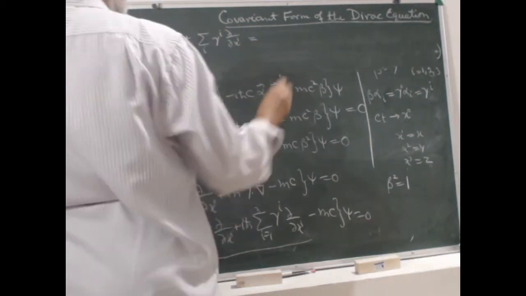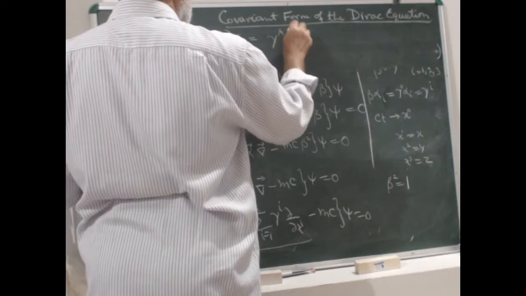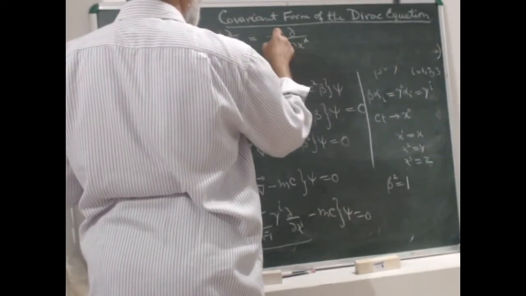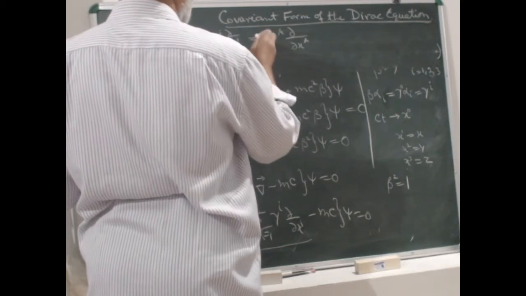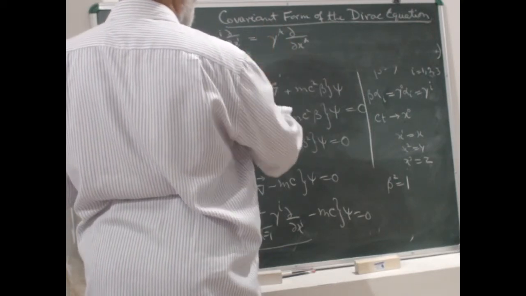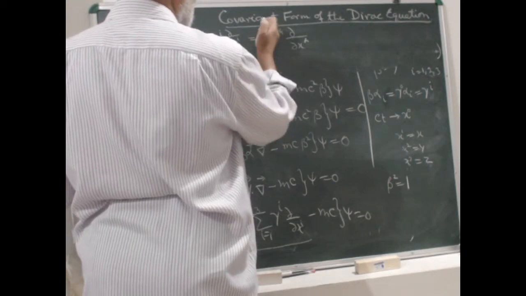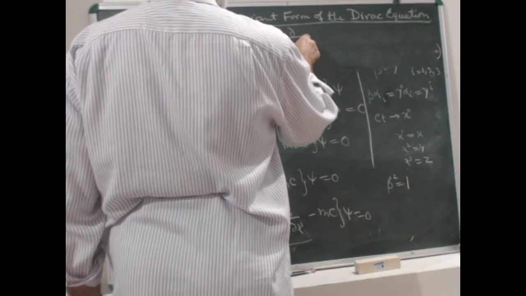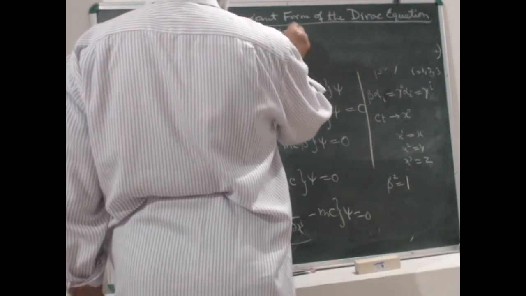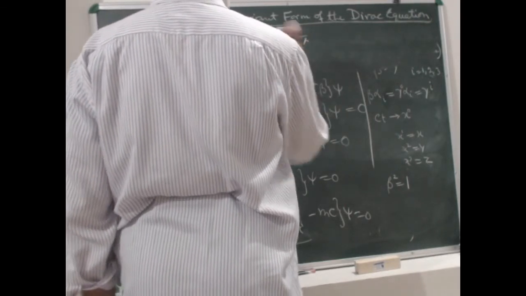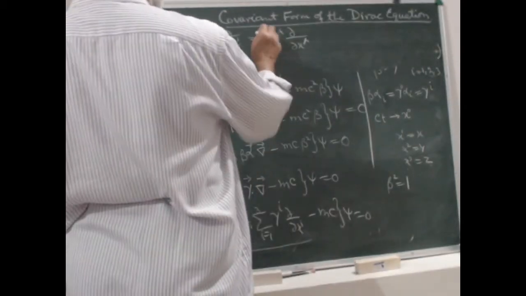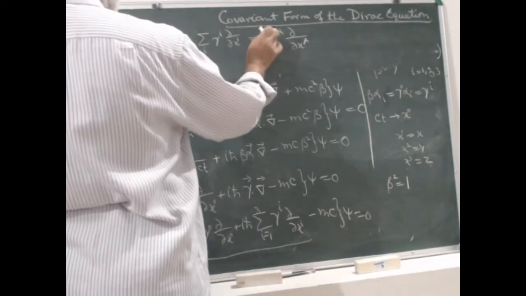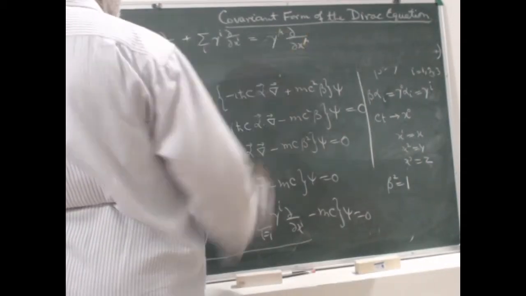Let us denote this by gamma mu delta by delta x mu, where the summation is over mu. We have removed the summation sign using Einstein's summation convention, which means that if indices are repeated, mu and mu here being repeated indices, the summation is over mu. So we do not write summation everywhere. Summation is implied because the indices are repeated.